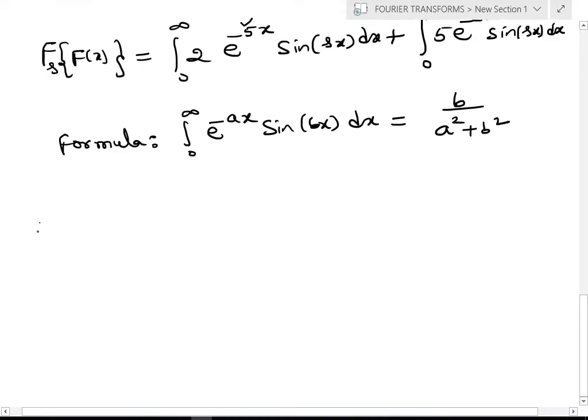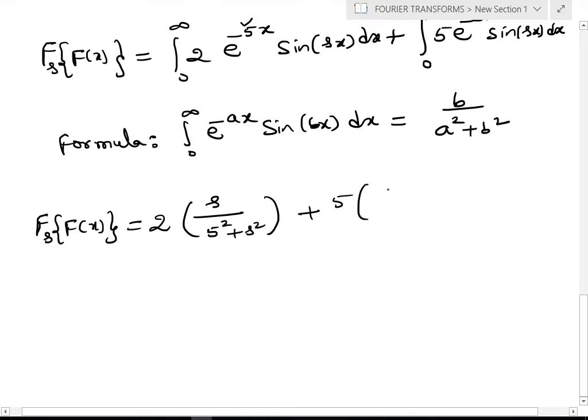So with this formula, the Fourier sine transformation of the function f of x will become 2 comes outside, b is s, divided by a square, that is 5 square plus s square. Then 5 comes out, then s divided by 2 square plus s square.